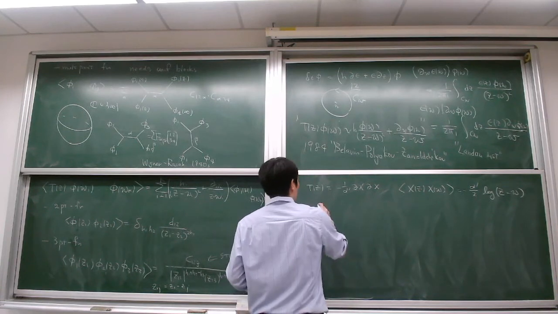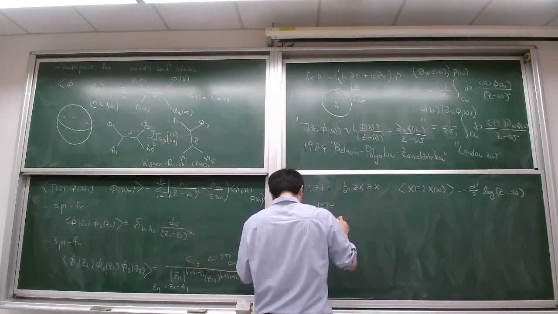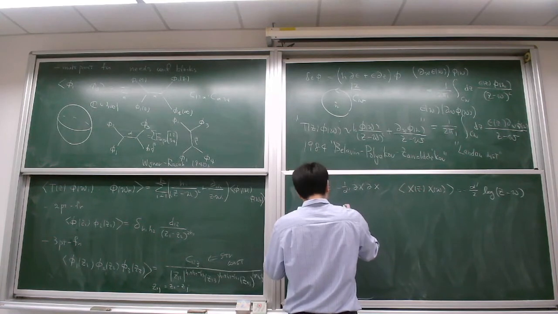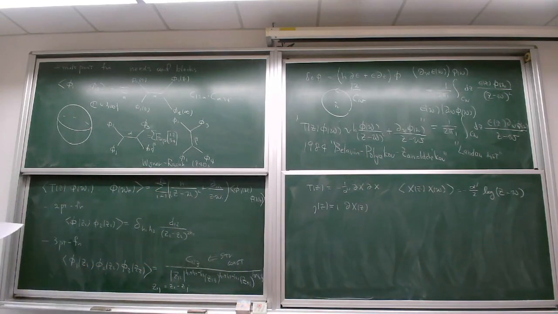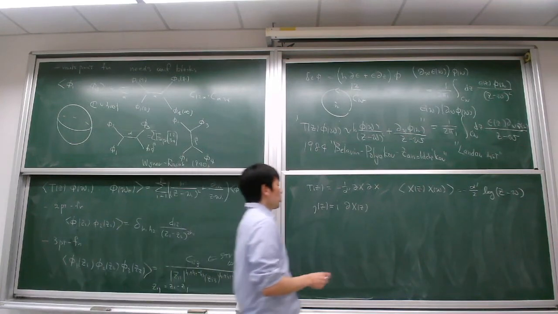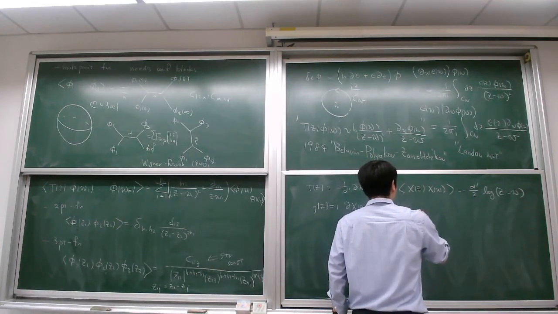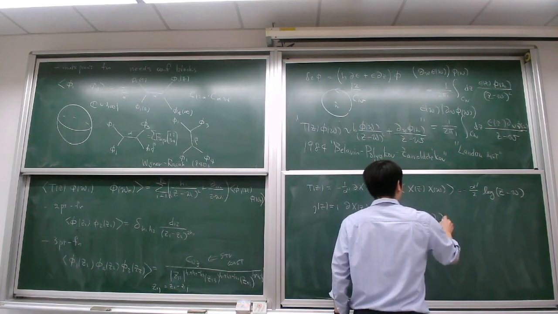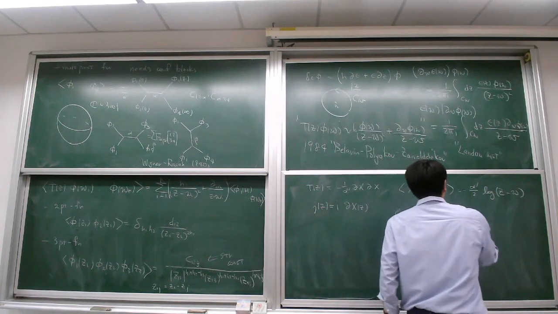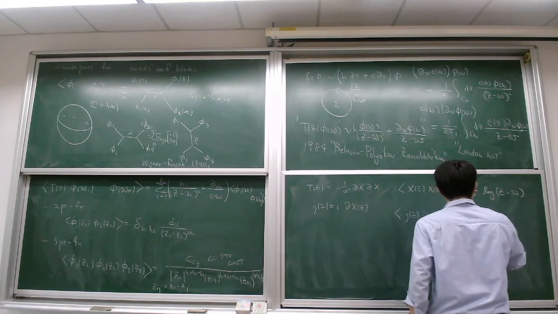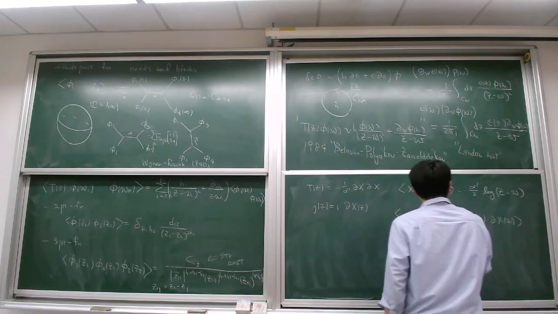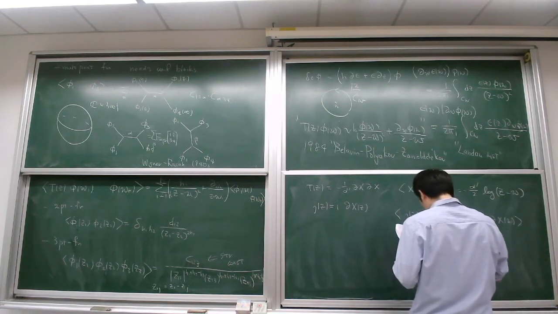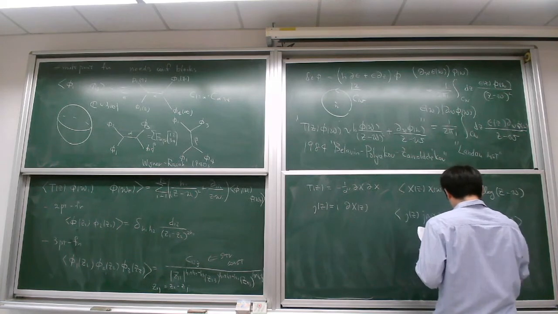We also know that J(z), for the translation symmetry, is something like partial X(z), up to some constant; I just normalize it in this way. And so the question is, what is the correlation function of J(z) and J(w)? It's natural to consider partial X(z) partial X(w), and this is equal to minus alpha prime over 2 over (z minus w) squared.